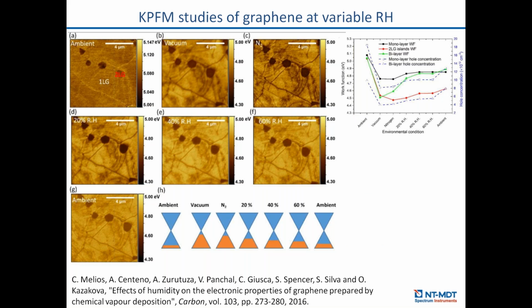And just one small example about these studies. It was done by the group from the national lab in England, from NPL, and in this study, graphene was measured. The work function of graphene was measured at different conditions and different relative humidity.